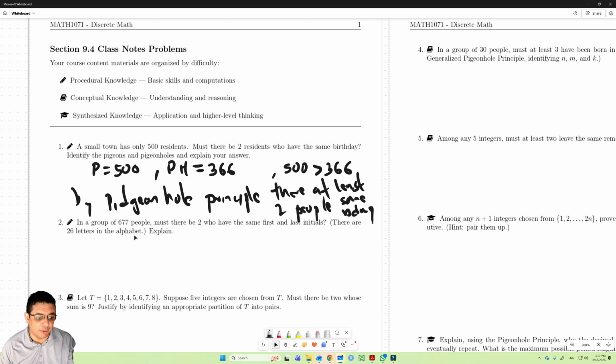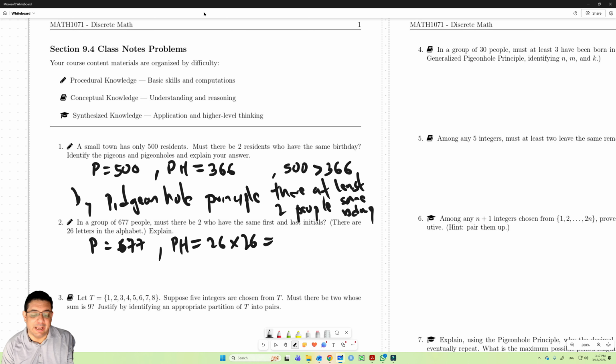Okay, so number 2. In a group of 677 people, must there be two who have the same first and last initials? There are 26 letters in the alphabet. Explain. Okay, so here, once again, the pigeons are going to be the 677 people, and the pigeonholes are going to be the initials, right? But we have 26 initials, and because there's a first and last initial, we have 26 by 26.